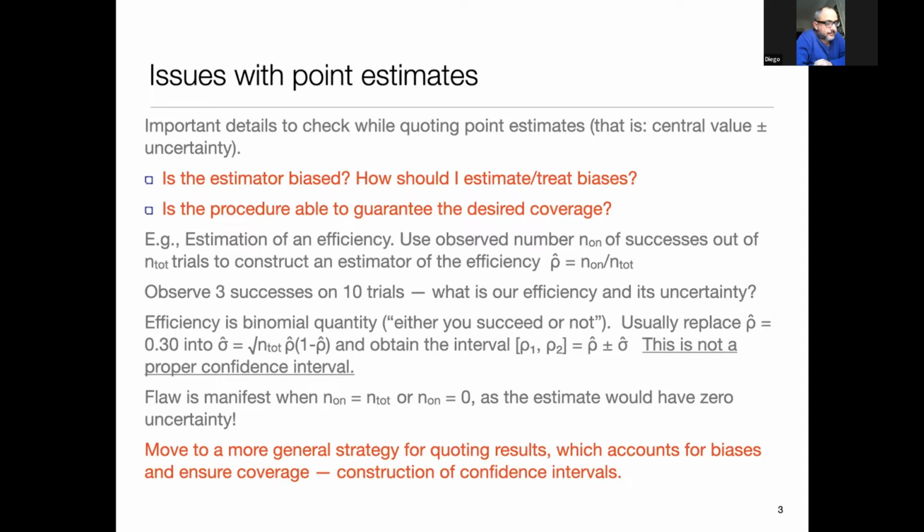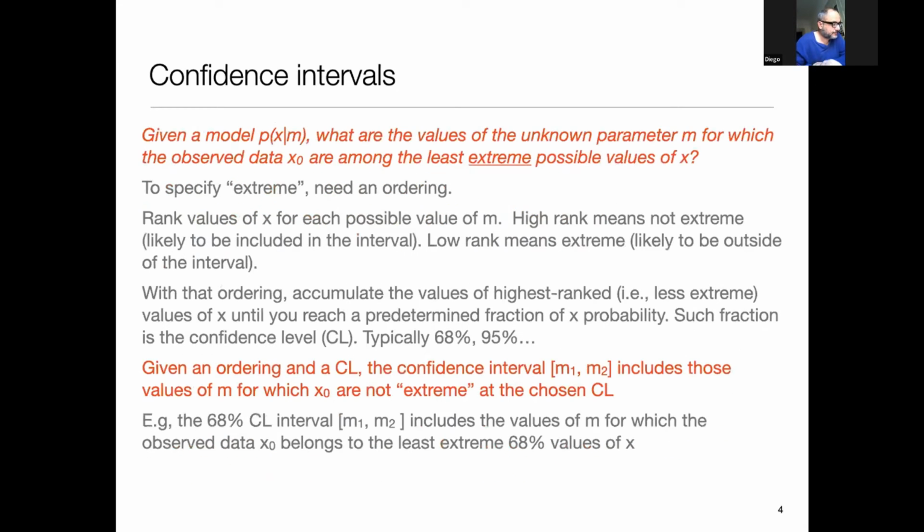You would be measuring an efficiency with absolute certainty, with no uncertainty, which is of course not possible. This is one of many examples showing that in order to guarantee coverage and give results that make sense, one sometimes needs a further step in abstraction.